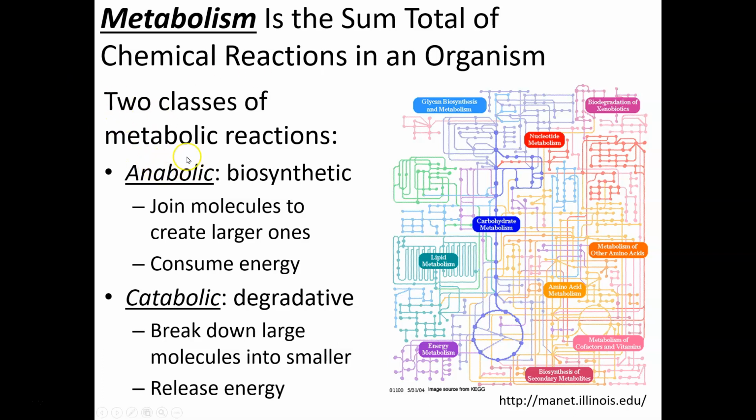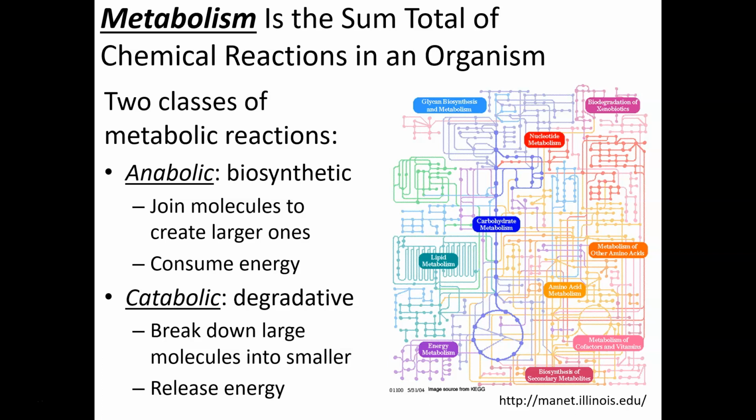Number one, what we call anabolic. Anabolic are also known as biosynthetic. I'll come back to those ideas in a second. And then catabolic. Catabolic are degradative. Those are breaking down. I think it's easy to remember anabolic because most of you have heard of anabolic steroids, and most people know the general effect of anabolic steroids is bigger muscles.